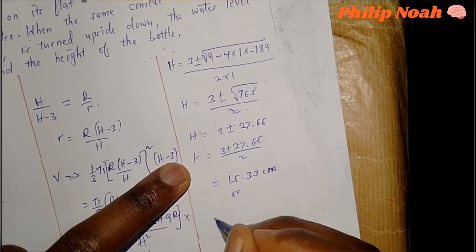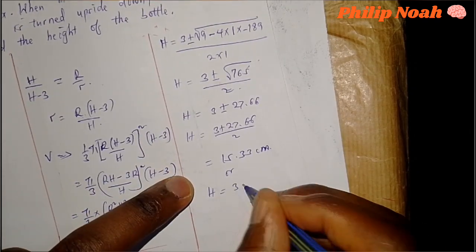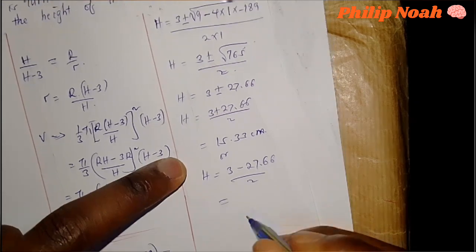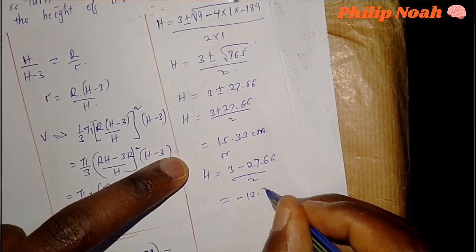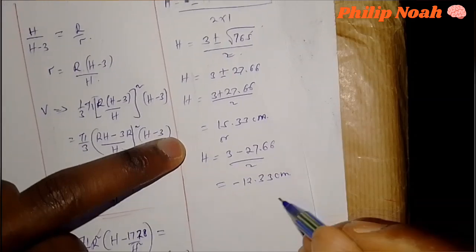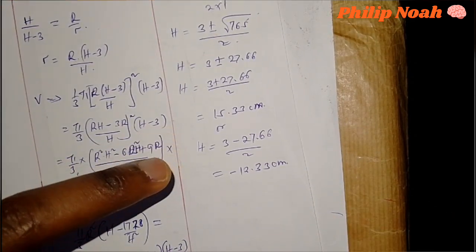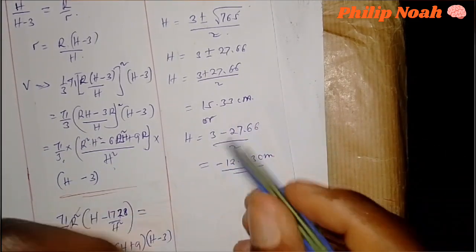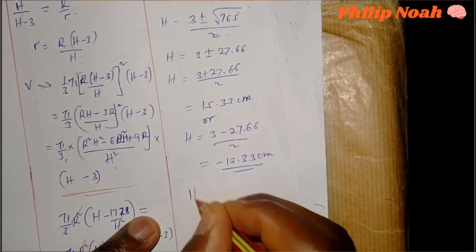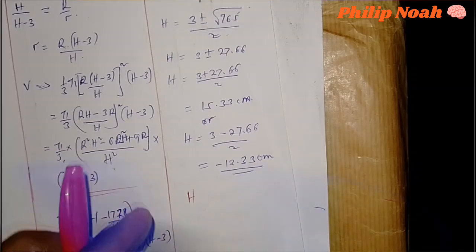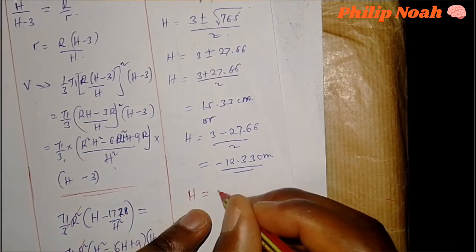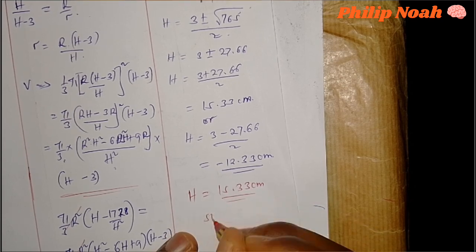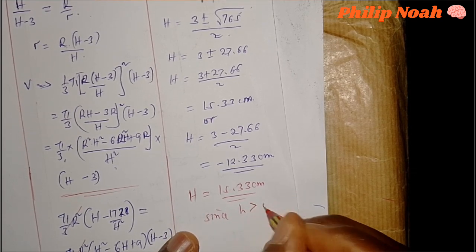Or h is equal to 3 minus 27.66 over 2, we get negative 12.33 centimeters. But the height cannot be negative. So our answer is positive: h is equal to 15.33 centimeters, since h is greater than 0.